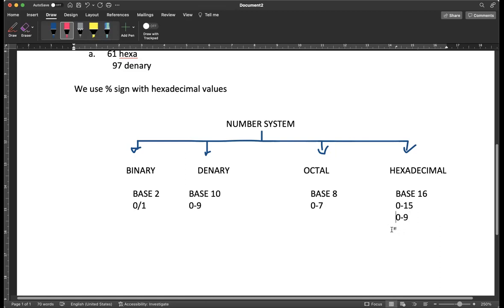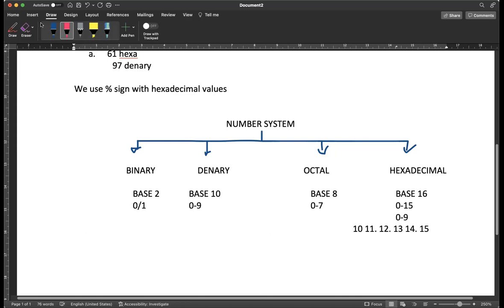But once you go to numbers like 10, 11, 12, 13, 14 and 15, they are converted into the form of letters. So 10 becomes A, 11 B, 12 C.